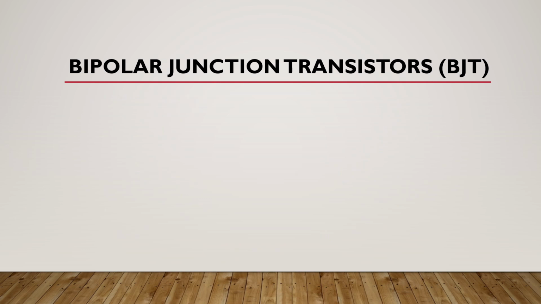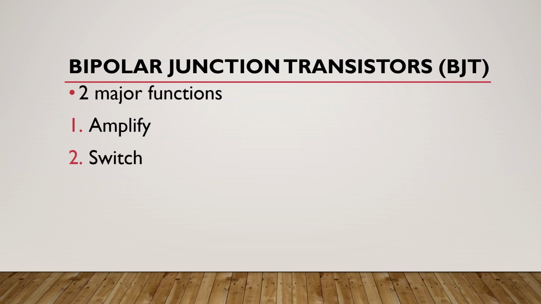Transistors have two major functions. First is to amplify, and second is to switch. It means a bipolar junction transistor acts as an amplifier or a switch depending upon its mode of operation. This bipolar junction transistor is a current controlled device.